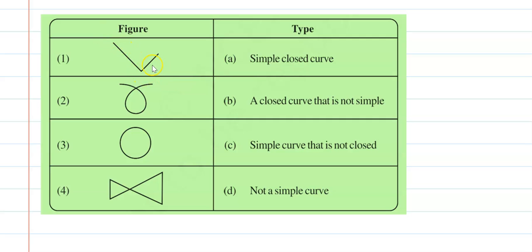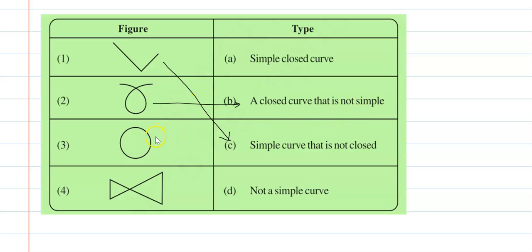The first one is a simple curve, but it is not a closed curve. What about the second? The second one is closed, but it is not simple.